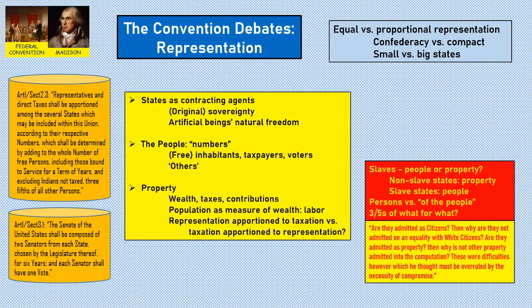Every individual, no matter how much property they own, whether they're part of one state or another, has a natural right to consent to the laws under which they're governed. So every person has a natural right to be included in representation. So that's another possible answer to the question, what do representatives represent?